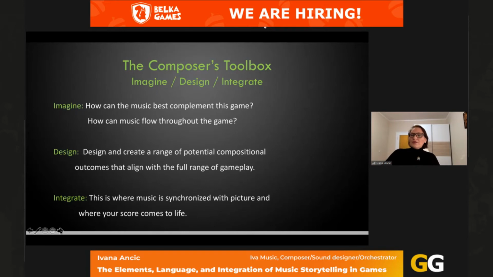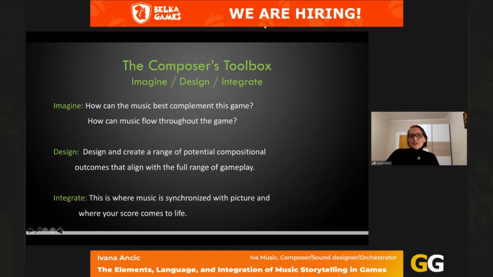So we started to think, how can the music best complement this game? How can music flow throughout the game? We discussed what design we should use to create these potential compositional outcomes that align with the full range of the gameplay. And we also discussed how to integrate our music into the game. For that purpose, we used Wwise.